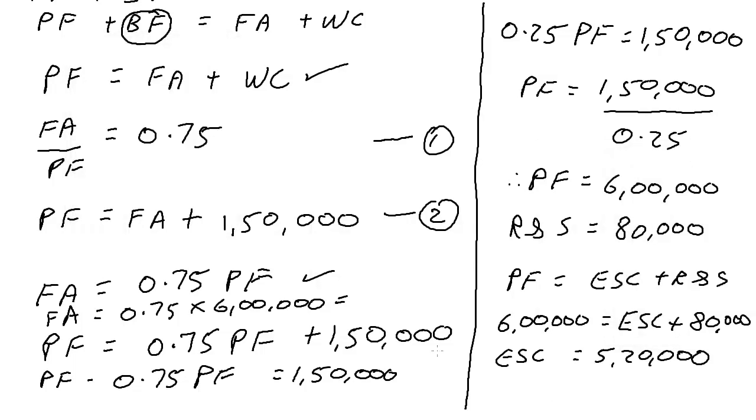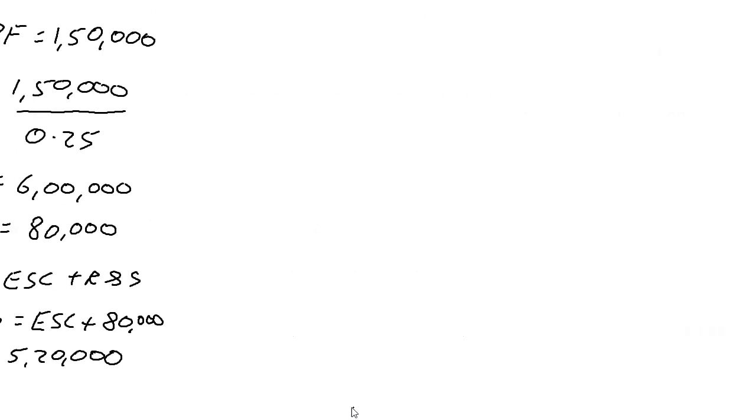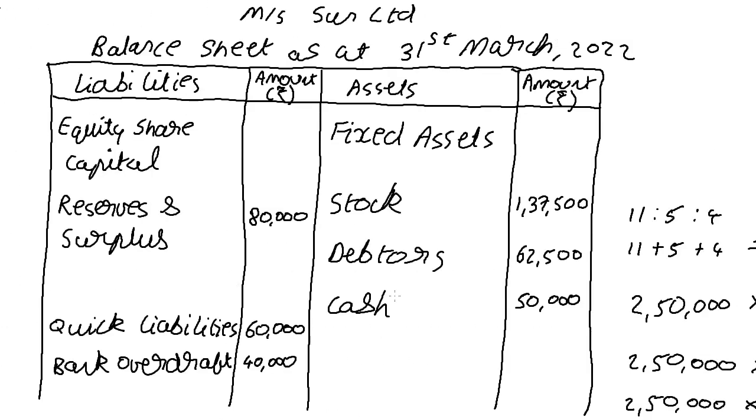So fixed assets is 4,50,000. Equity share capital 5,20,000. So I'm just going to go and fill them up, and with that we are done with the question.